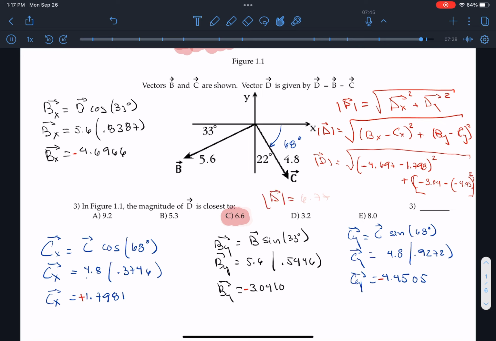So vector d is going to have a value of, I'm going to calculate this on my calculator. I'll be right back. So vector d will have a value of 6.77, which is closest to 6.6.